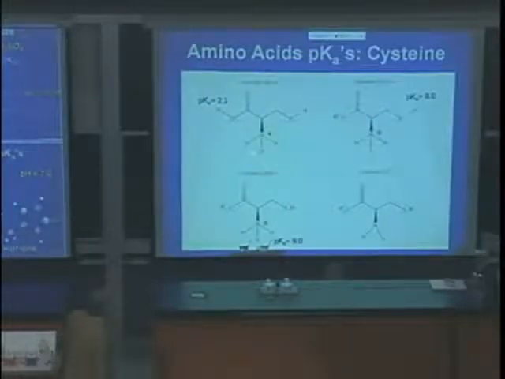It's protonated, okay? So we come to this one here, and we have now this SH, the thiol group here. This H is acidic, but the pKa is 8. So I'm at pH 6. Is it on or off? On, exactly. I go to pH 9. Is it on or off? Off, exactly. So then you have a negative charge here. And you have 2 negative charges and 1 positive here so far.